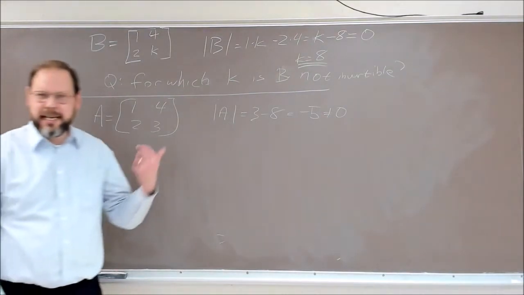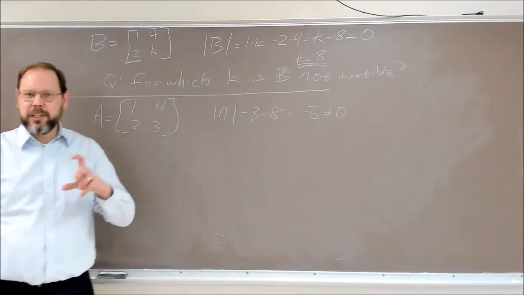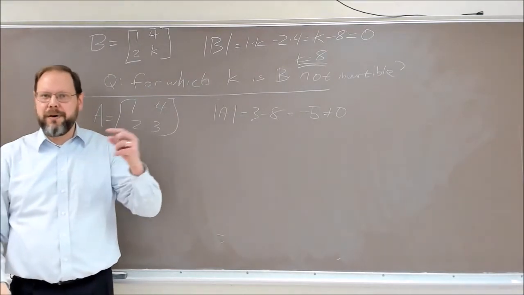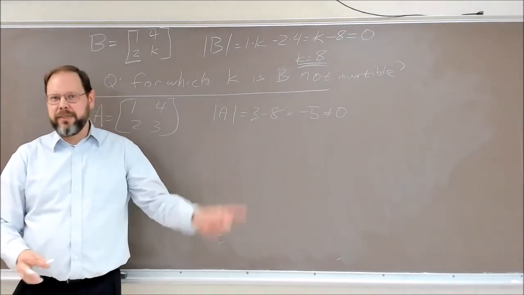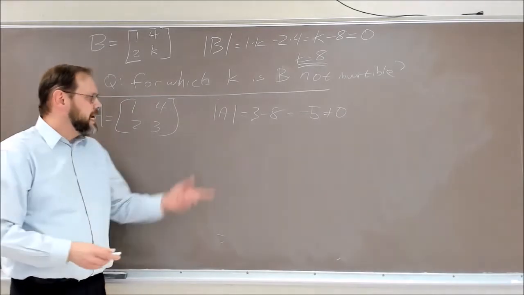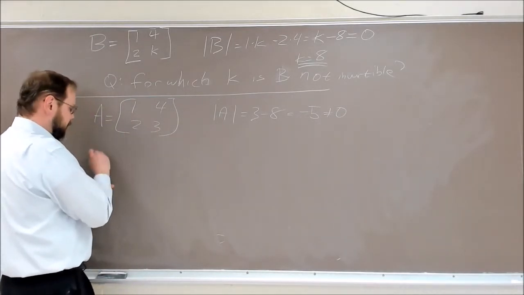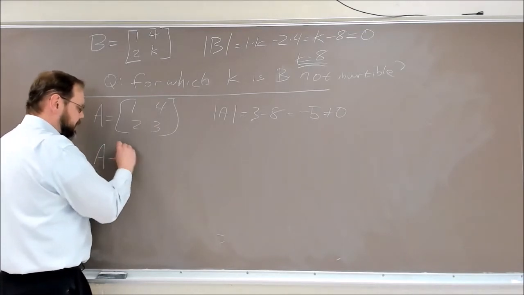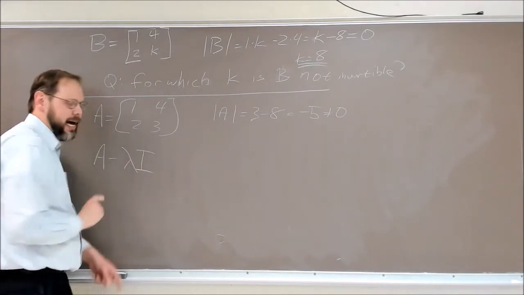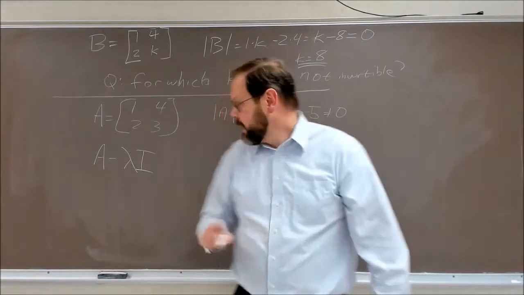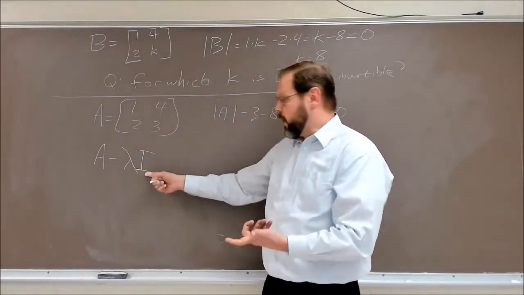But that's usually not the question that we want to ask, especially as we move forward to chapter 5, which is all things eigen. Actually, what we'll be interested in is a new matrix, which is called A minus lambda I. I is the identity matrix, as it always has been.